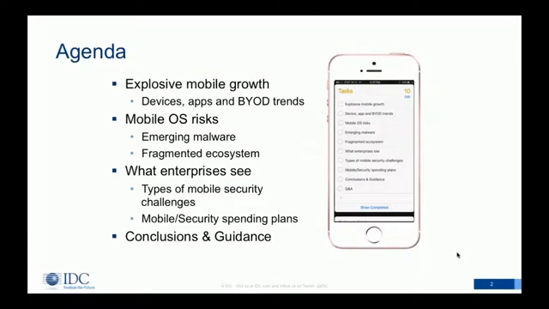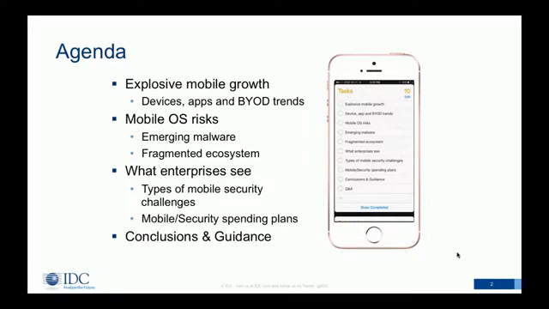Just a quick overview of the agenda. We'll first talk about where we've come from and where we're going from a mobile device standpoint. It's all about the explosive growth of mobile devices in the enterprise, particularly around BYOD and the whole trend of people bringing personal devices into the workplace.